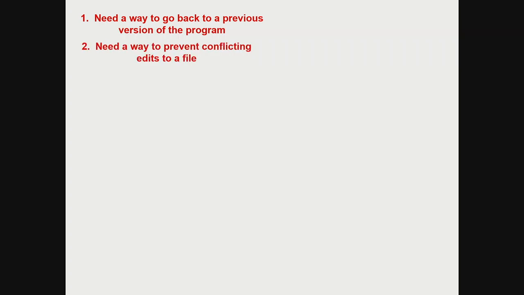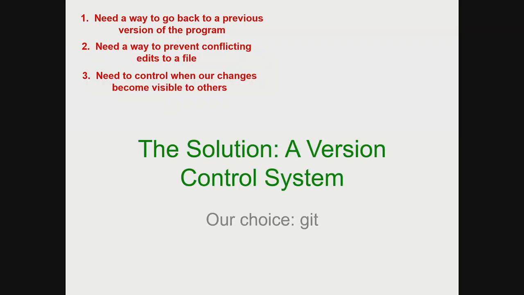We needed a way to prevent conflicting edits by different team members. And the third one was the most important one. We needed a way to control when we make our changes visible to our teammates so that we are able to test first, make sure that our changes are okay, and then we make them visible.